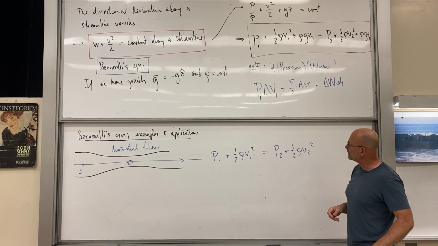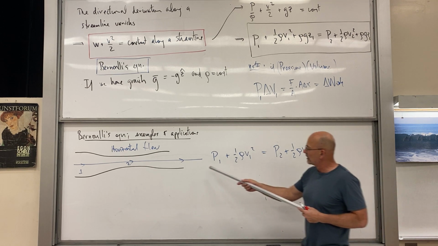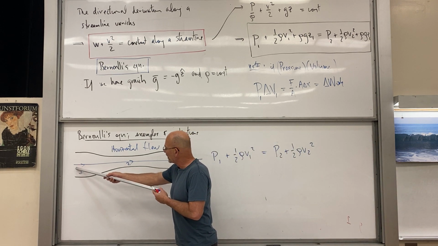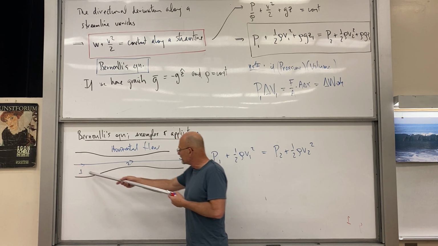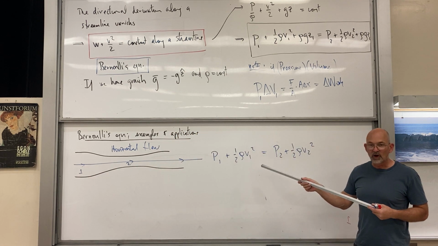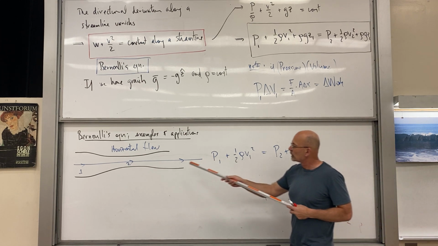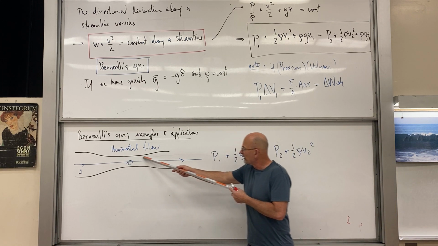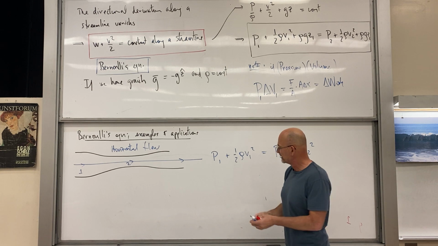So what we get from this immediately is that where the speed is smaller, the pressure must be larger, and vice versa. So we have a lower pressure when the speed is higher. Okay.